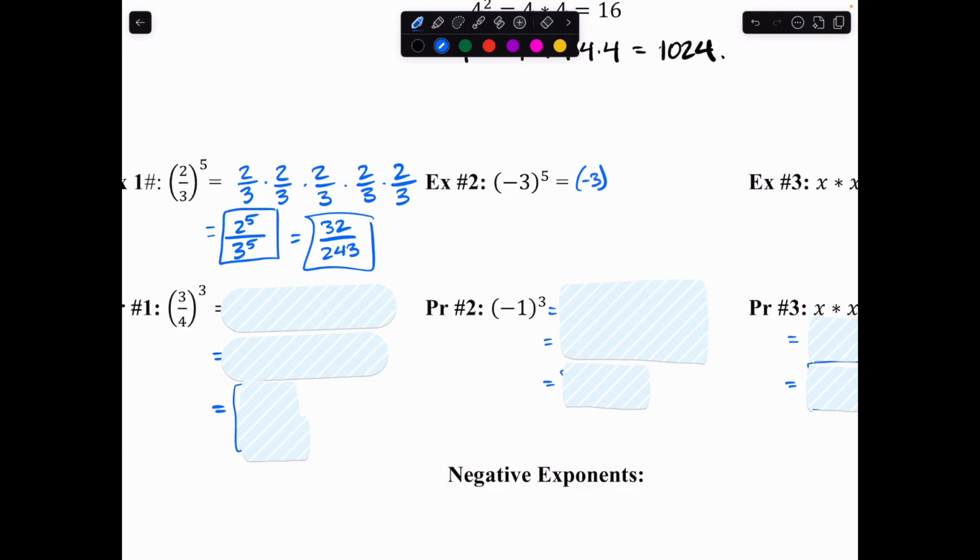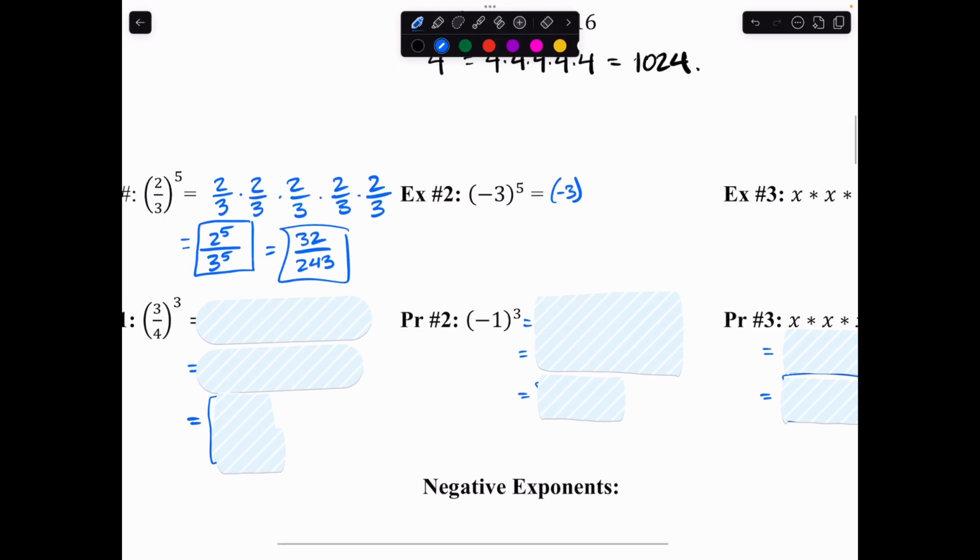All right, let's try example 2. We have -3 raised to the power of 5. We're going to take our base, -3, and multiply it by itself 5 times. And I want you to stop and ask yourself, is our final answer going to be positive or negative? And think about why. Hopefully you have an idea in your mind. Let's figure it out together.